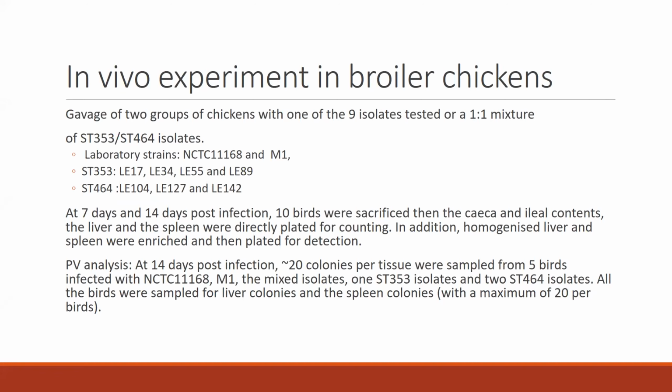For the phase variation analysis, we looked at 14 days post-infection, and for that we picked colonies from the counting plate for 5 birds in the ceca and the liver samples. And for the liver, we took all the colonies because it wasn't that concentrated if we took only 5.